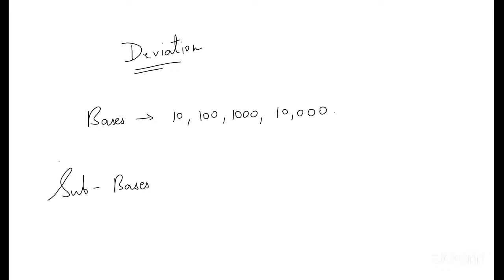What were the sub-bases? Multiples of 10: 20, 200, 400, 2,000 and 20,000 and so on. Okay, these were the sub-bases.